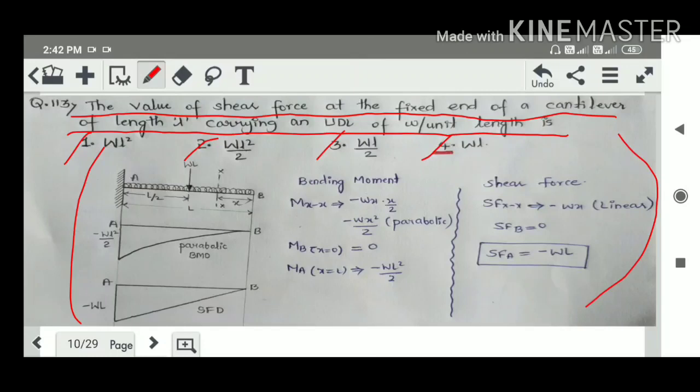After solving you will get the shear force at A is minus WL at the fixed end. At point A you will get minus WL. So the correct option for this question is option number 4. WL is the correct answer. You try and solve, you will get it.